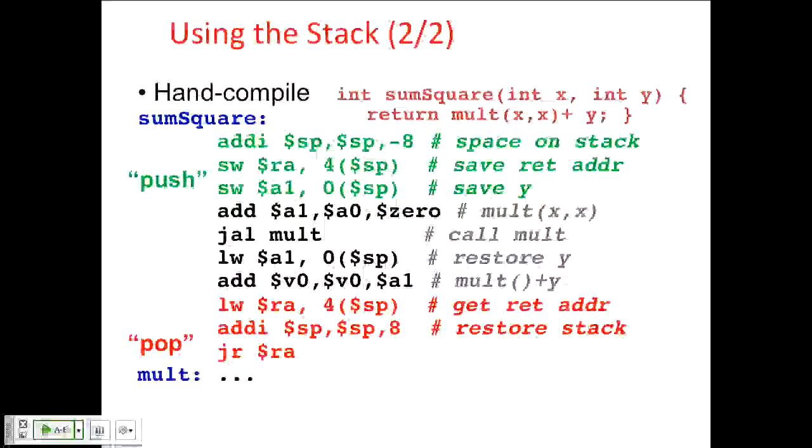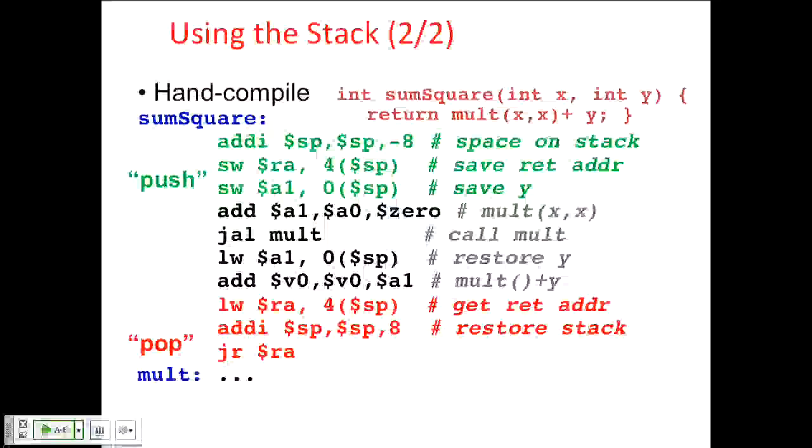Because this function sum square is going to call this other function mult. And so I have to save the return address for sum square so I can get back to it. It's also going to save the first argument. So this will be the Y value, right? So Y is in A1, X is in A0.